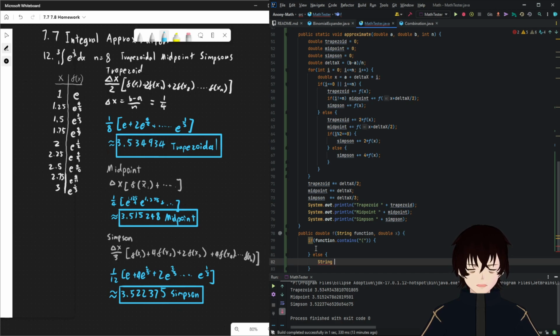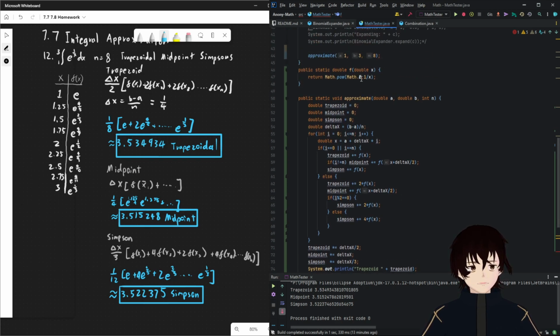Unless I require you separate everything with spaces. It's a lot easier to just do it this way.